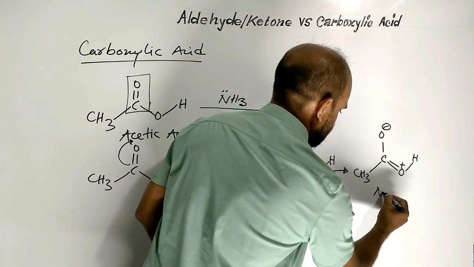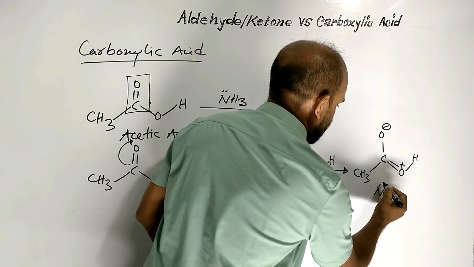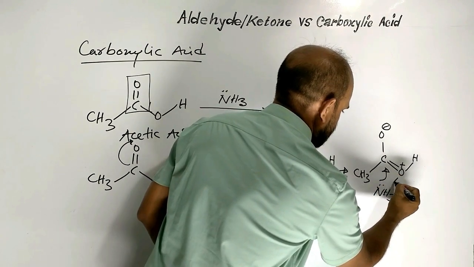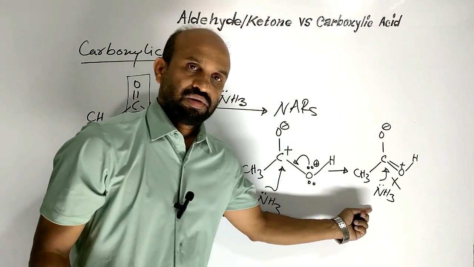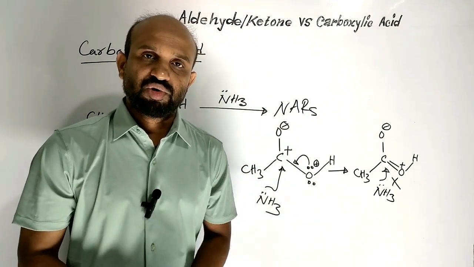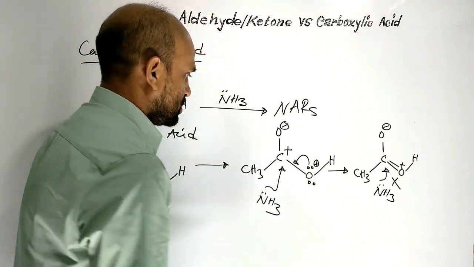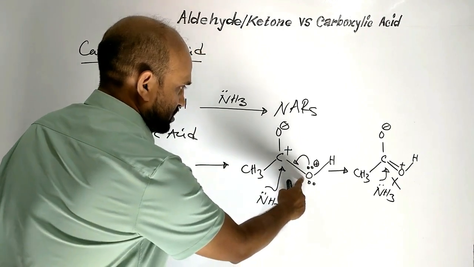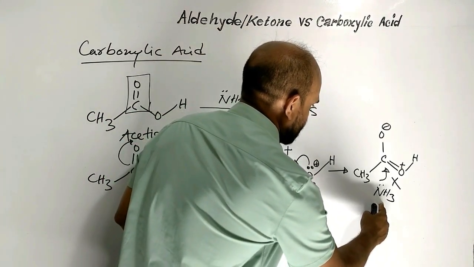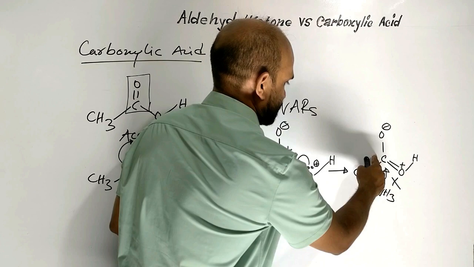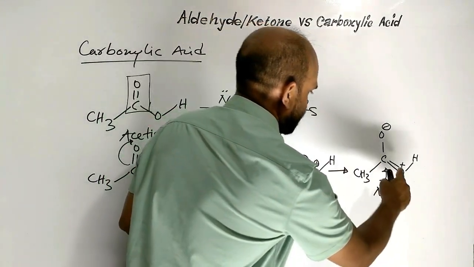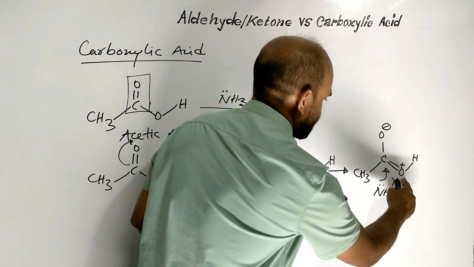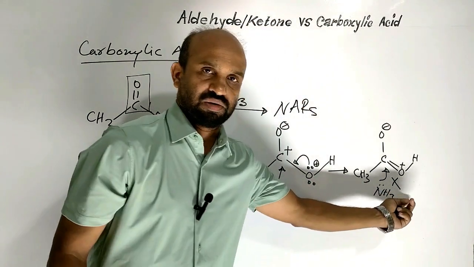That is why nucleophile ammonia cannot attack this carbonyl carbon. Because of the presence of lone pair of electrons over oxygen, nucleophile cannot attack this carbonyl carbon, because the positive charge of the carbonyl carbon is vanished by the lone pair of electrons of oxygen.